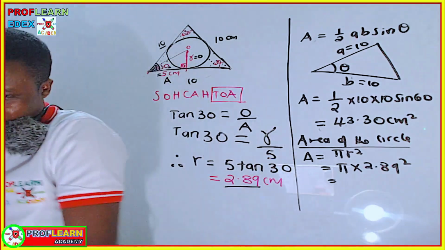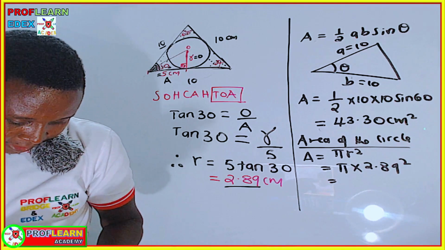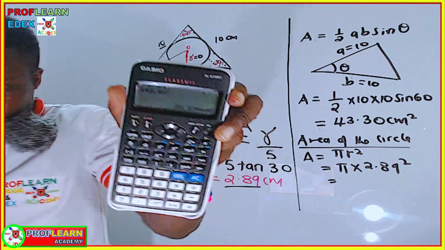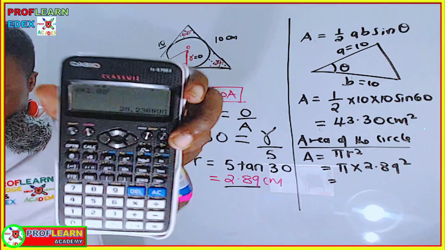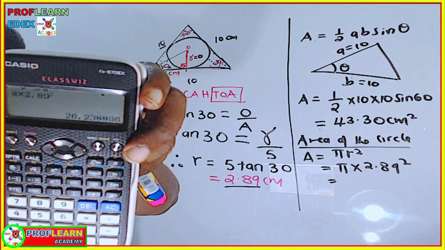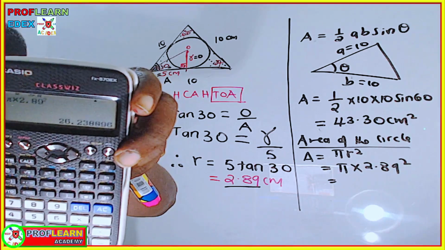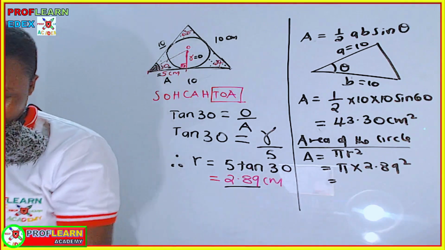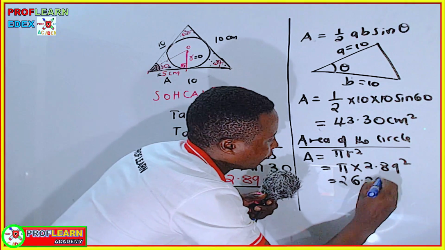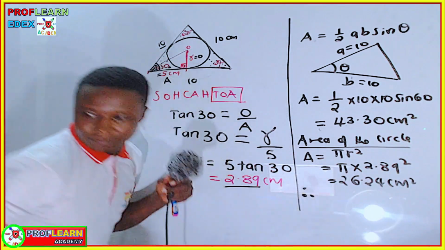If I work it out, correct to two decimal places, that is 26.24. So this is 26.24 centimeters squared.